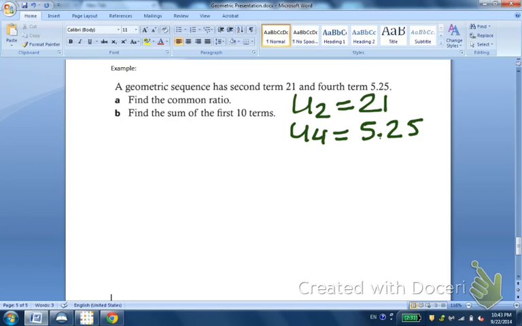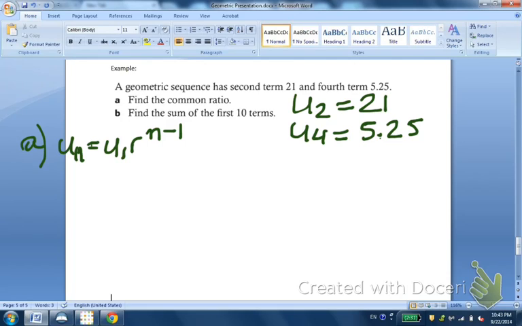It's asking us to find the common ratio. The only thing we have is basically the formula, which is u of n is u of 1 r to the n minus 1. And let's apply the information that we have in two different ways on the formula.